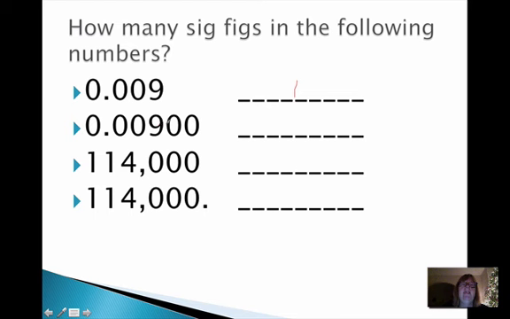This 9 is significant, and these trailing zeros count because they're after a decimal point. So that would have 3 significant figures. Here, 114,000. These trailing zeros do not count because there's no decimal point. So there's only 3 sig figs here. The 1 and the 4 are significant, but these trailing zeros only count if you have a decimal point in your number. Here we have 114,000, and then there's that decimal point. That looks weird, but what that does is it makes all of these trailing zeros significant.